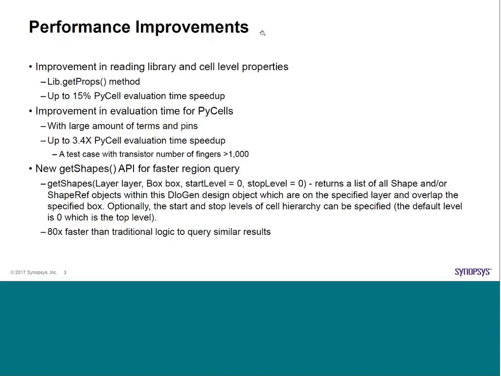You can also define if you want shapes only within a bounding box, and you can specify a start level and stop level if you have a hierarchical piece, so it can give you the shapes for those levels. Initially in PyCell Studio, you had to query each and every individual instance placed in a hierarchical piece to do something like this. But now with one query, you can get all the information. This is 80x faster than the traditional logic that people used before.